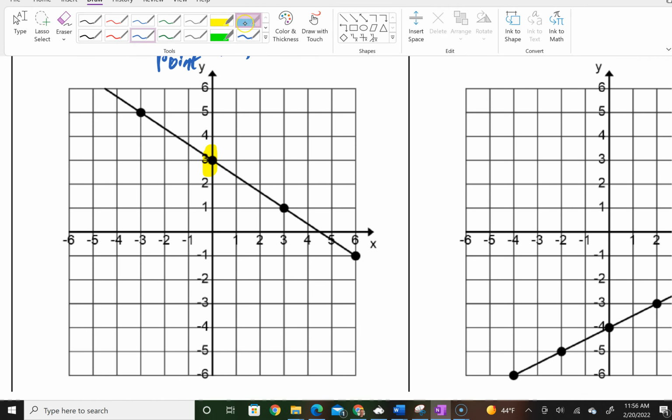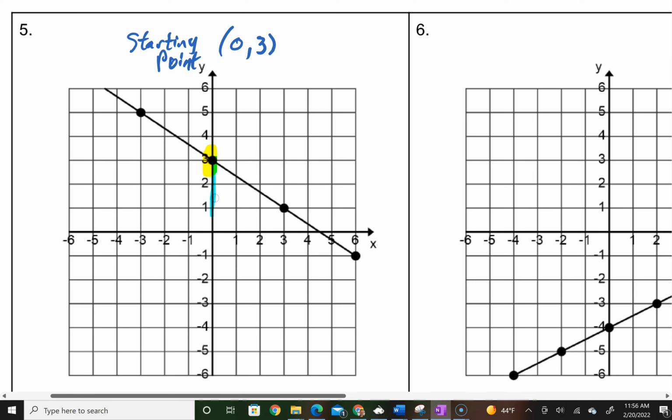Well, your slope, if you're thinking about it, you're going down some, you're going some to the right, and you can see rather quickly that you're going down 2 steps and you're going right 3. So you can get this slope really just from the graph.